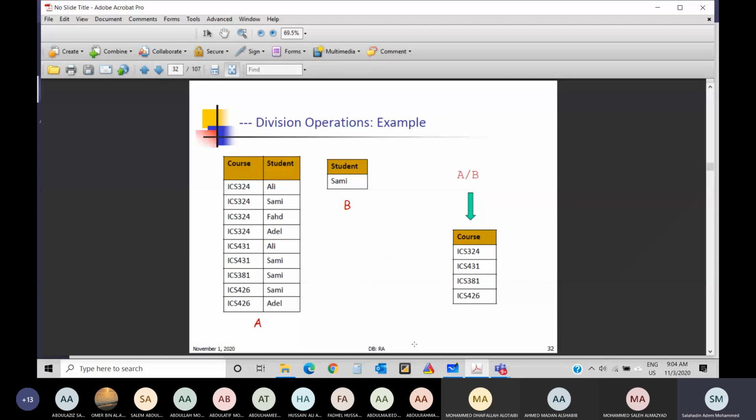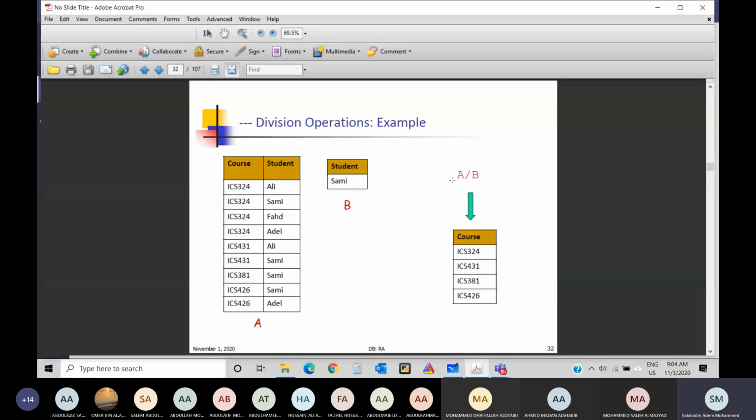Let me repeat what I said, in case you came a little late. This is division, A divided by B. To divide A by B, make sure that all the columns of B are a subset of the columns of A. Otherwise, it doesn't work.